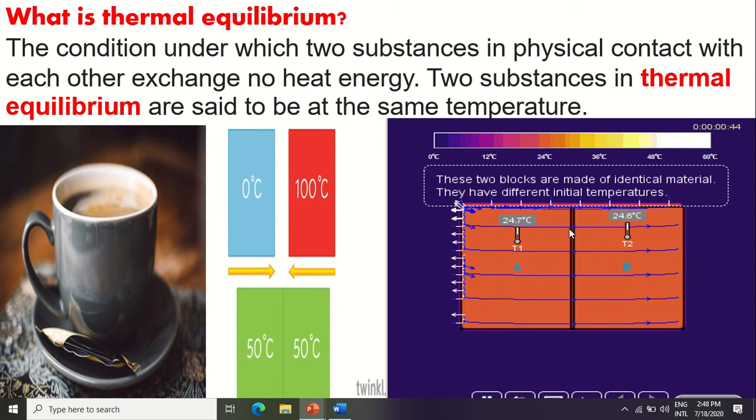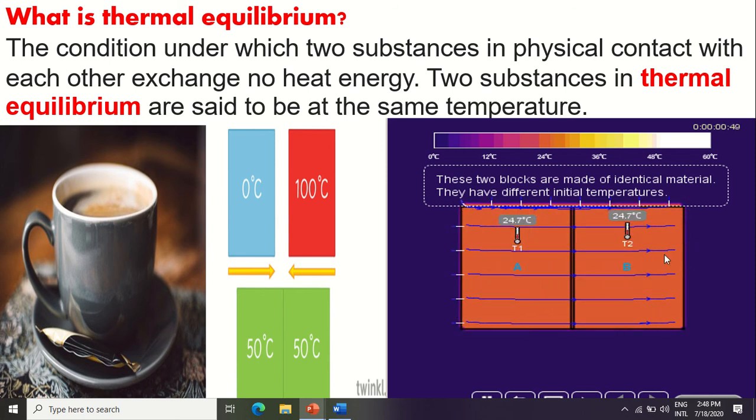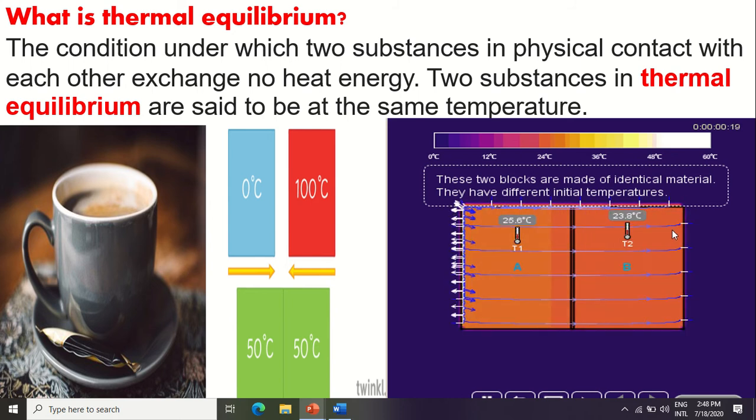When they are kept in close thermal contact, heat will flow from one object to the other, from the object of high temperature to the object of low temperature.